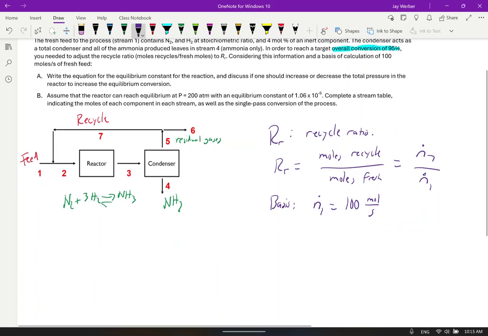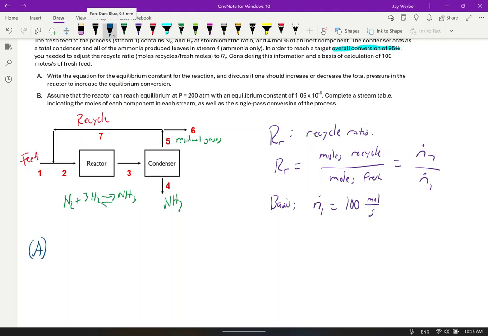And so the first thing that the question asks us to do is write the equation for the equilibrium constant for the reaction and discuss if one should increase or decrease the total pressure in the reactor to increase the equilibrium conversion. So let's do this.